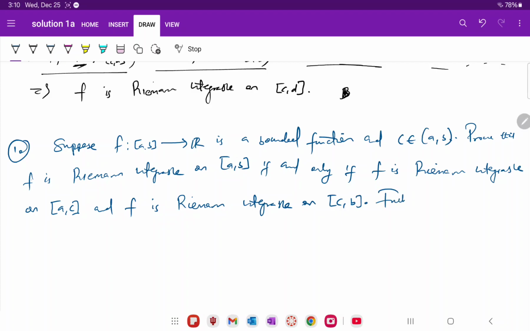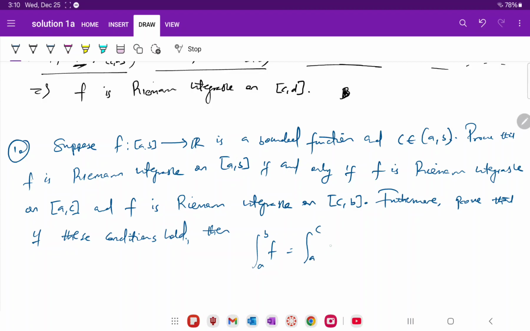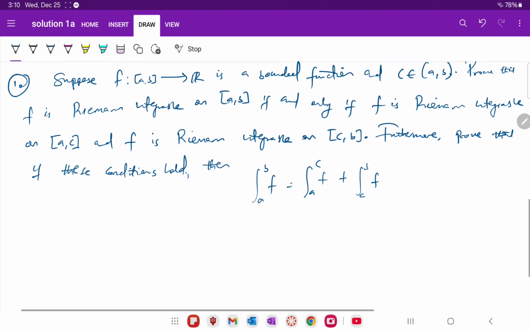And furthermore, you have to prove that if these conditions hold, then the integral of a to b of f is equal to the integral of a to c of f plus the integral of c to b. So that means that we're proving almost three things.